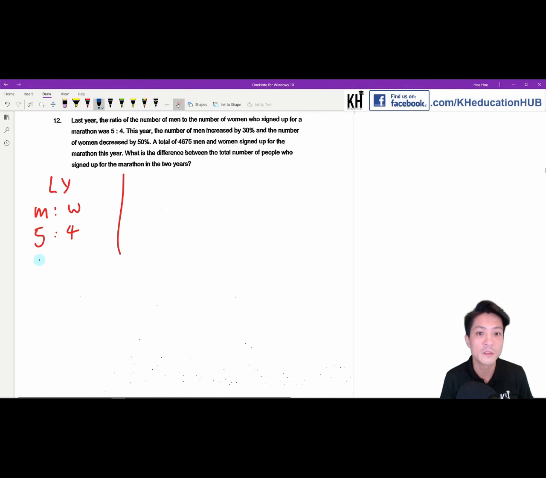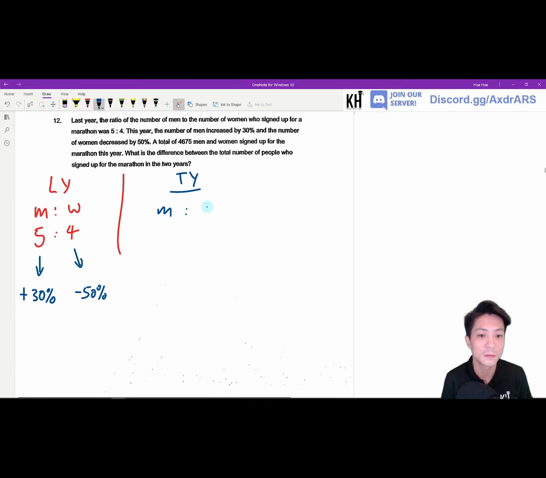Okay, so for the number of men, there is an increase of 50%. Nope, okay, it's 30%. Okay, and the women, there's a decrease of 50%. Okay, so what I'm gonna do is I'm gonna immediately increase the 5 units by 30%.